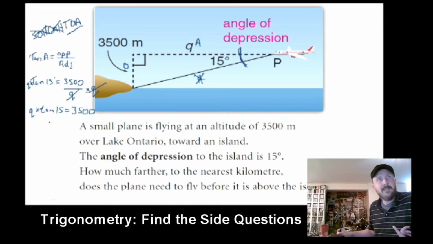But Q's not by itself. So now I've got to divide both sides by tan 15. Remember, doing the opposite, these tans would go away, and then I'd have Q by itself.